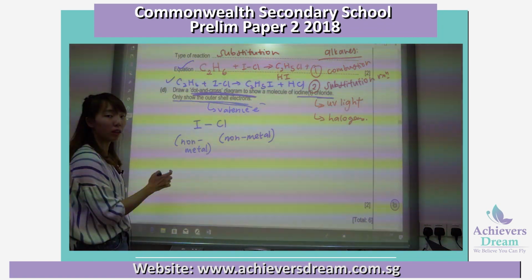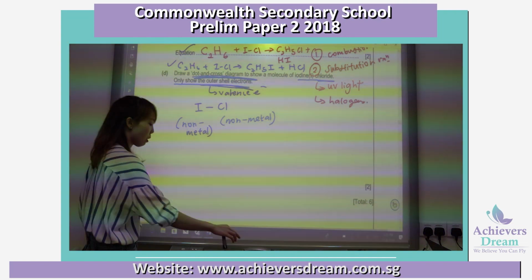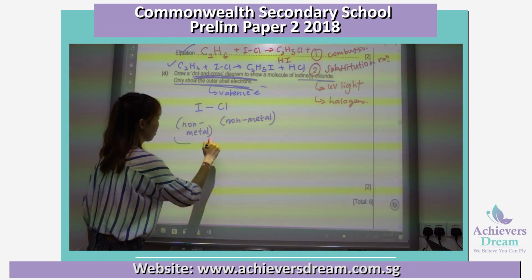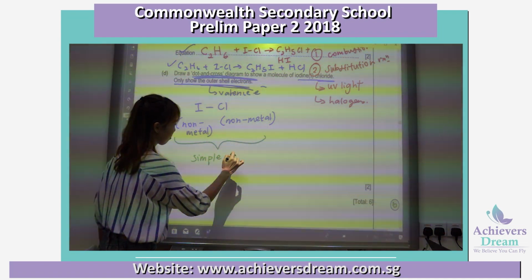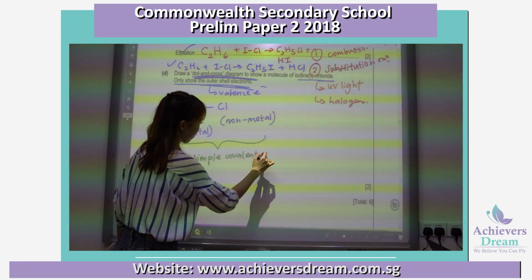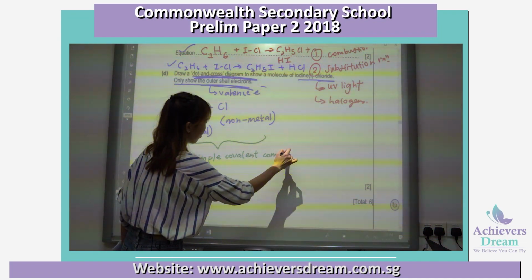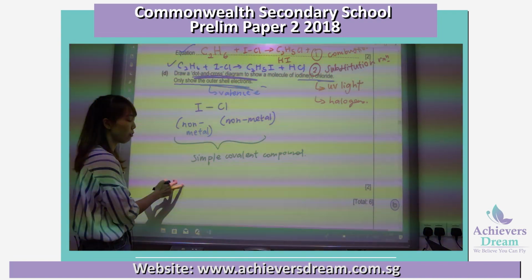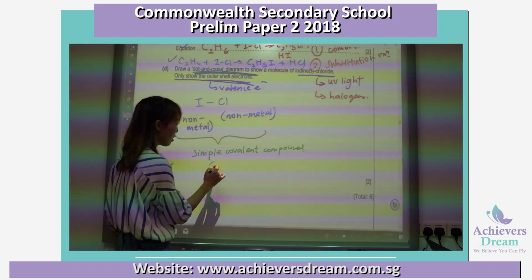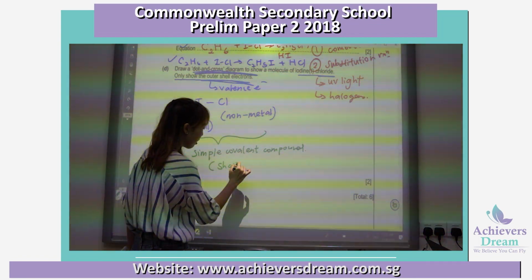So non-metal, what kind of compound will it form? It will form a simple covalent compound. Correct? And how do we draw the dot and cross diagram for a simple covalent compound? It's via sharing of electrons.